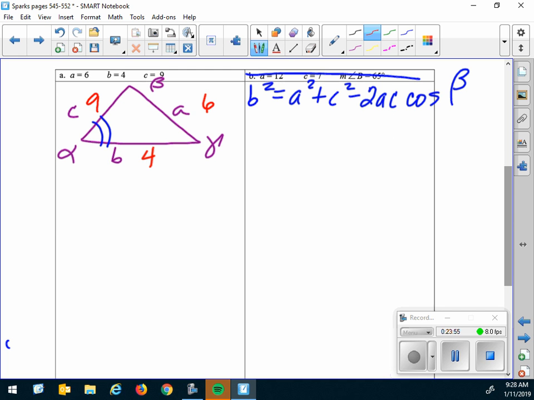You know b is 4, so b squared is 16. A is 6, so a squared is 36. C is 9, so 9 squared is 81. A is 6, C is 9, cosine beta.